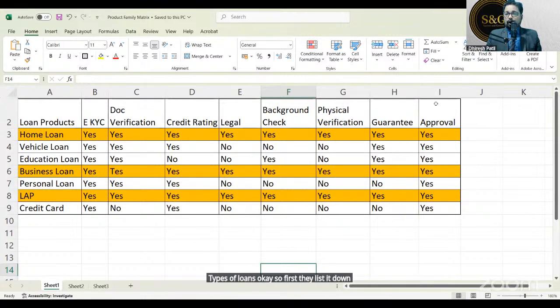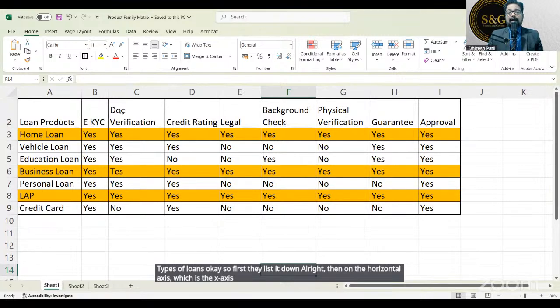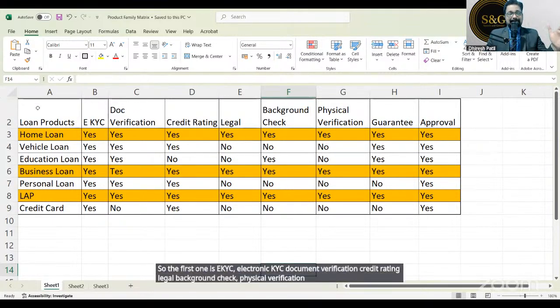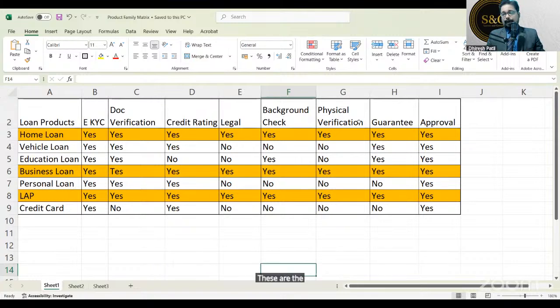Then on the horizontal axis, the x-axis, they listed all the steps they go through, step by step. The first one is eKYC, electronic KYC, then document verification, credit rating, legal, background check, physical verification, guarantee, and approval. These are the steps the entire loan application goes through.